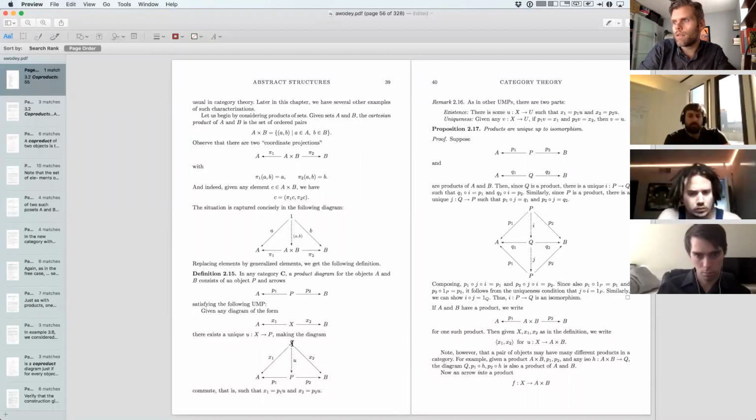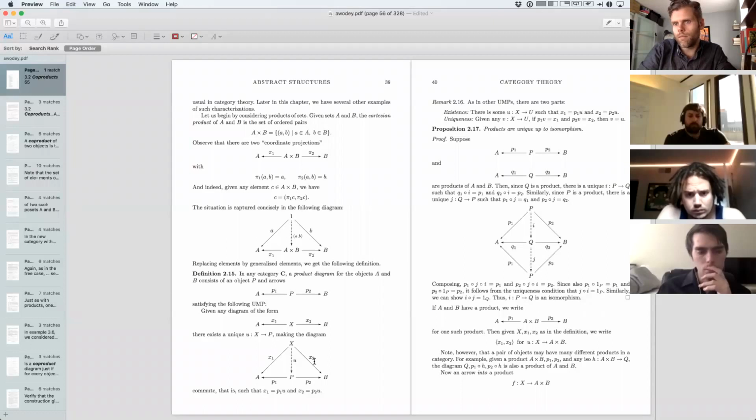That is, going from X to A via this map x1, and going from X to B via this map x2, should be the same as going through the map to P and then through the maps P1 and P2.